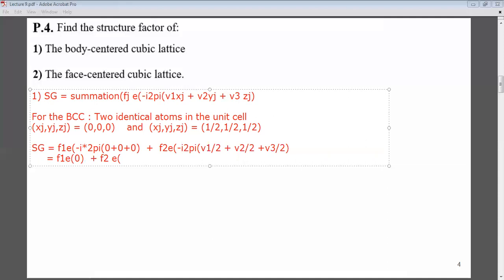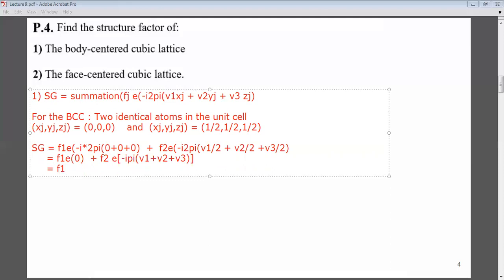There is a half inside, so I will get it outside: minus I 2 pi over 2, so that's pi, into V1 plus V2 plus V3. Now, exponential of 0 is 1.